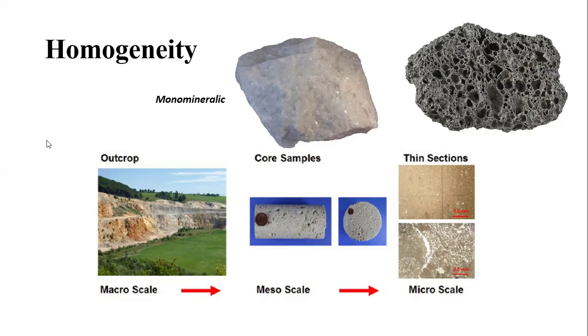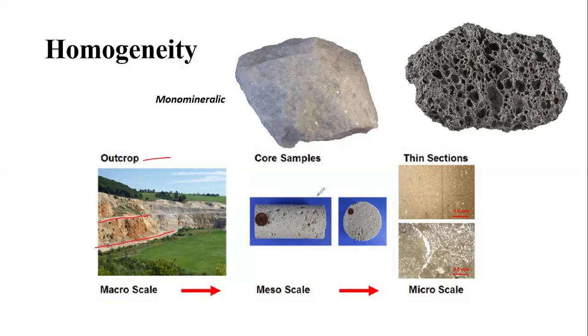But let's look at these three scenarios: the outcrop, the core samples, and the thin section. At the macro scale, if we are looking at rocks from the same lithological unit, they would appear homogeneous. And when you're looking at the core samples at the meso scale, they still look homogeneous, you see the same thing.